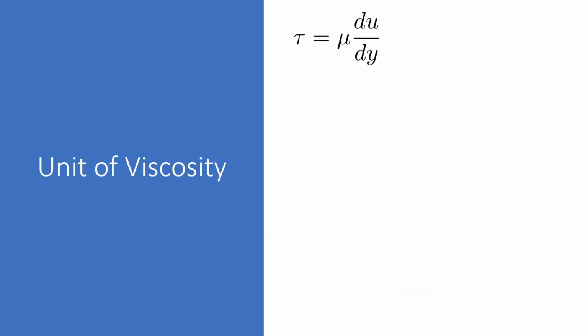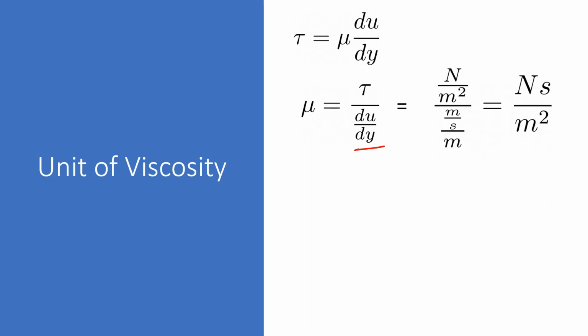So what is the unit of viscosity? You know that tau is equal to mu into du by dy, so mu is equal to tau divided by du by dy. Let us take the dimensions here. The dimension of shear stress is the dimension of stress, that is Newton per meter square, the dimension of du, that is velocity, is meter per second, and dy has the dimension of meter.